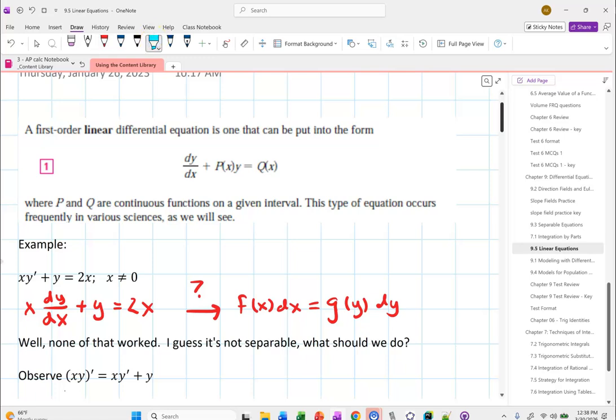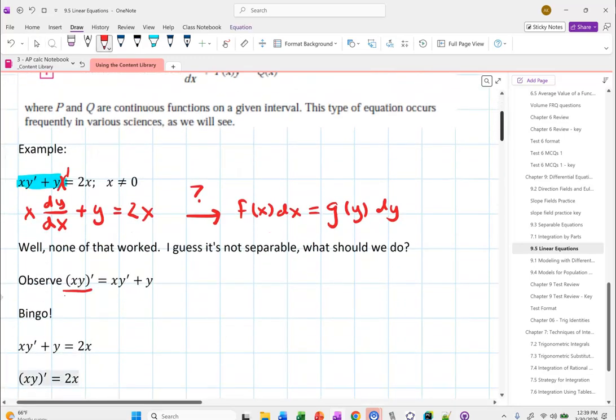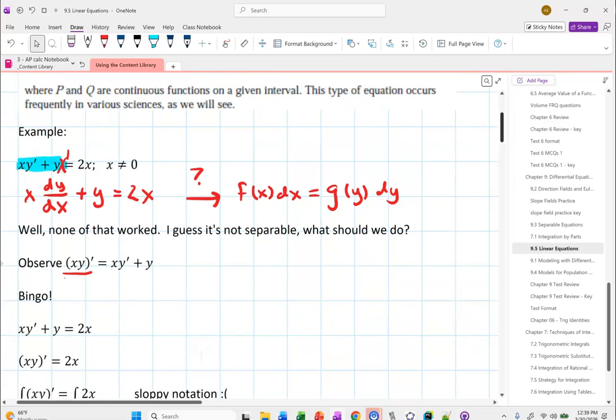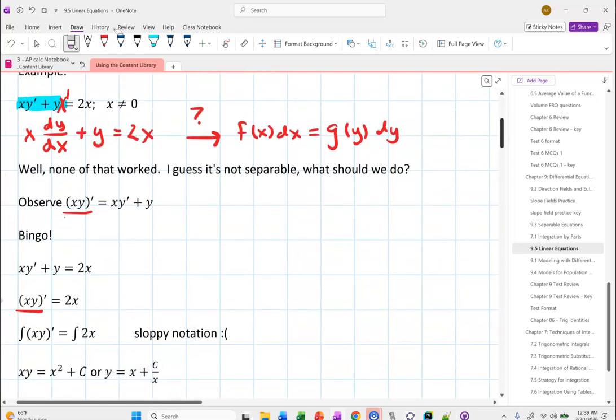Well, if I look at this left-hand side, x times the derivative of y plus y looks a lot like the result of a product rule derivative, right? Because what's the derivative of x with respect to x? Just 1, right? So if I make that left-hand side just the derivative of x times y, then I can just integrate both sides.